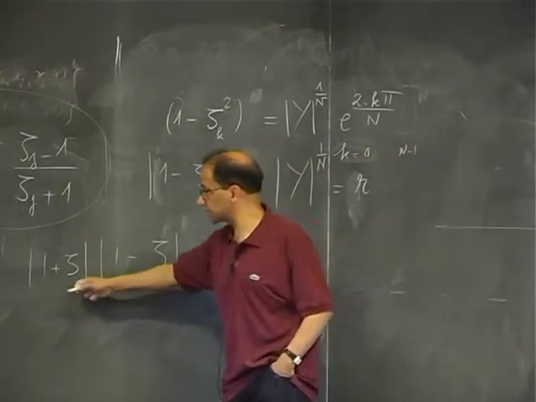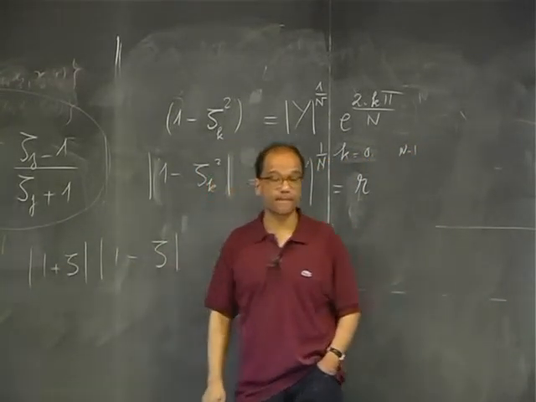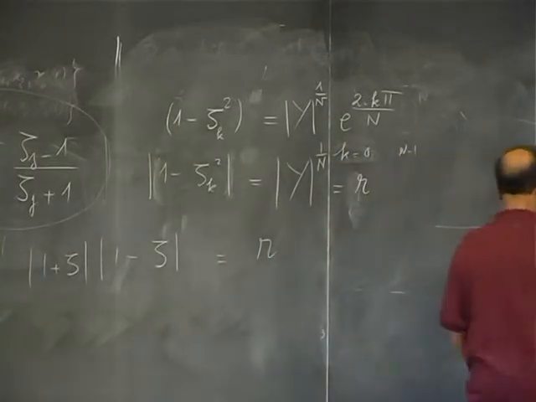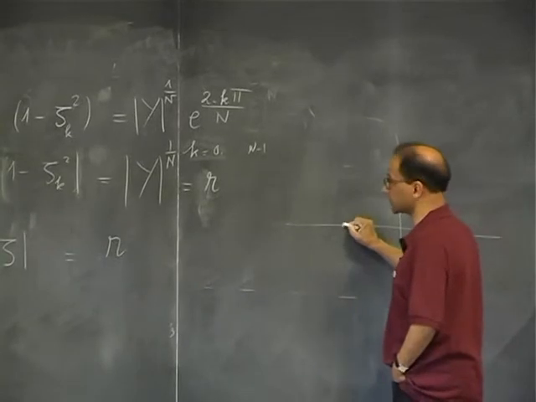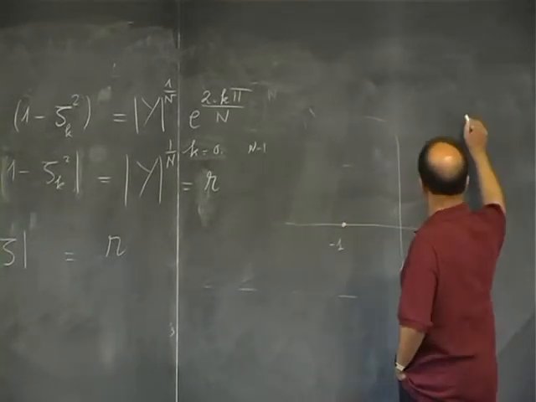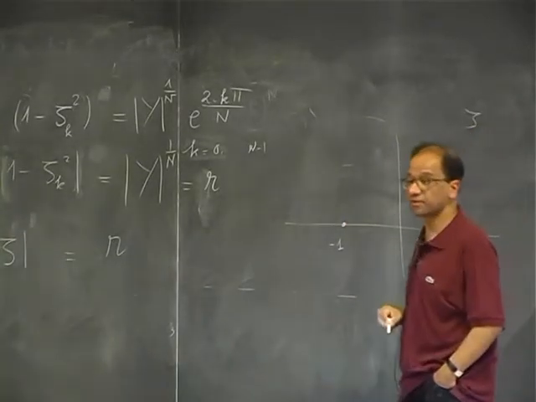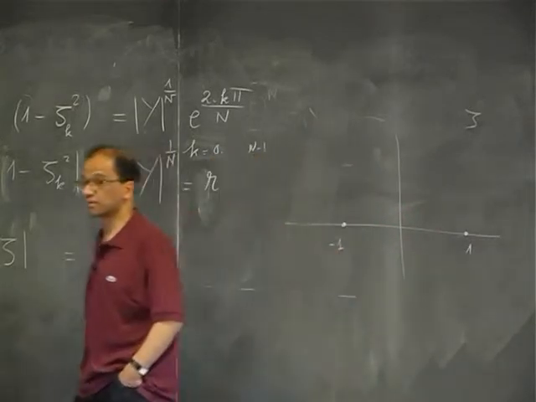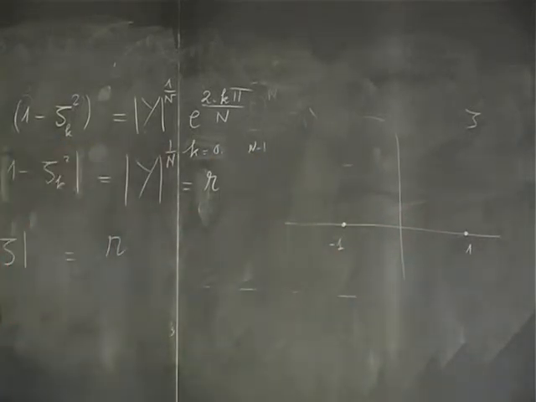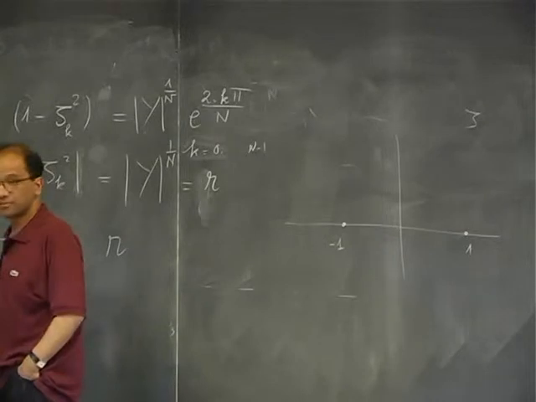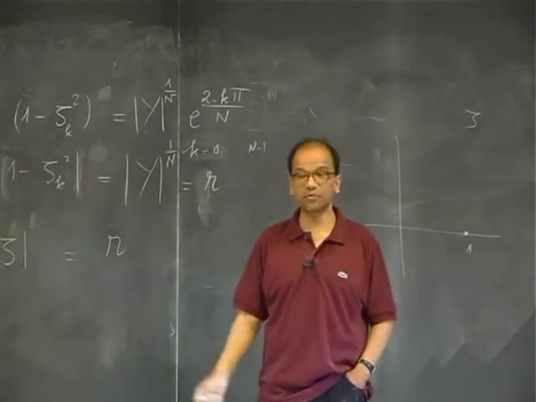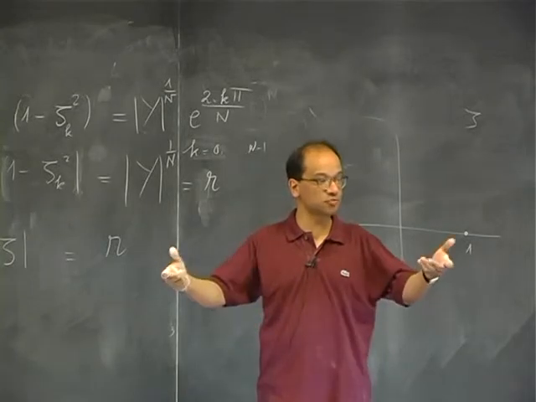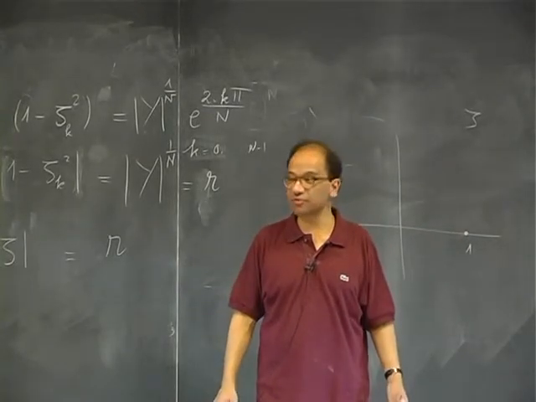So what does this mean? I'm in the complex plane, I have the point +1, the point -1, zeta is in the complex plane. Do you know what these curves are? If I had a plus, what would it be? You know that. The sum of the distance to 2 points is constant.